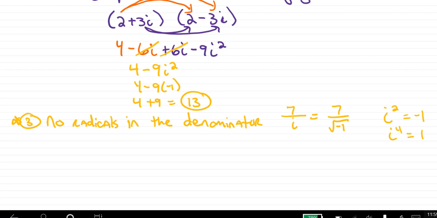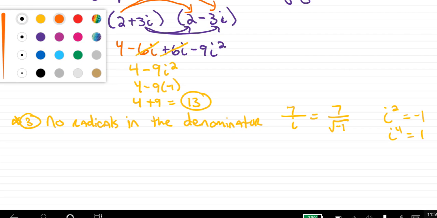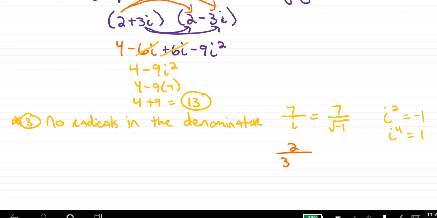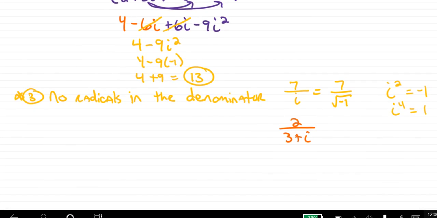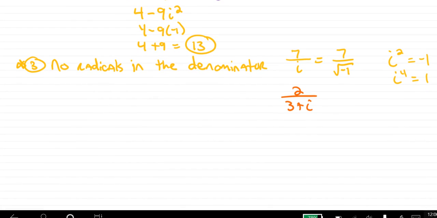And if we end up with a complex number in the denominator, let's say we had something like 2 over 3 plus i in the denominator, in this situation, we can't just multiply by i because we would still have 3i plus i squared. We wouldn't get rid of it. So to get rid of these radicals in the denominator when it's a complex number, we multiply by the conjugate.